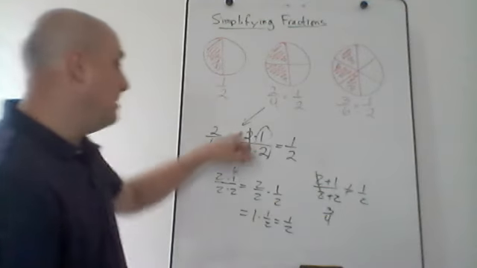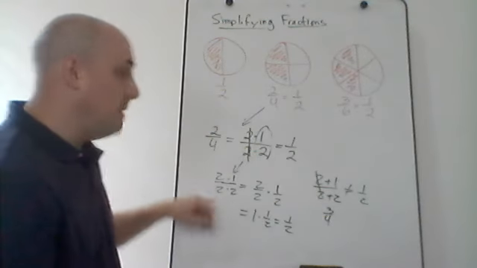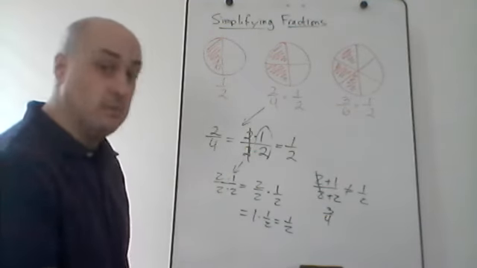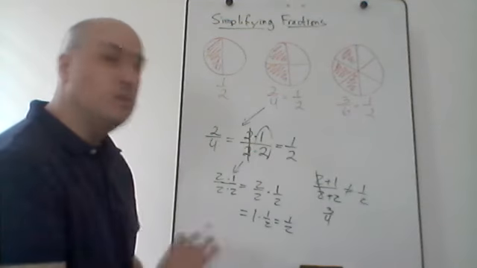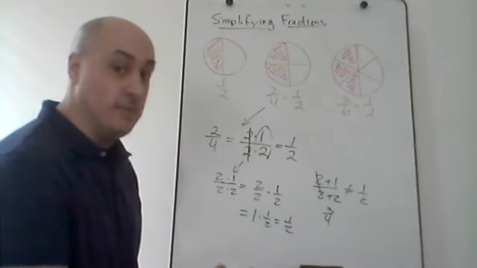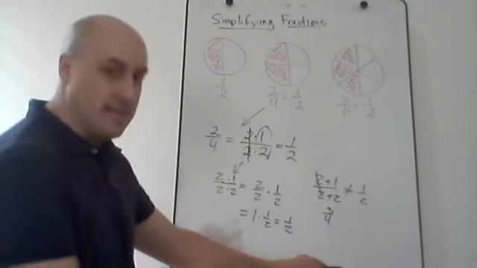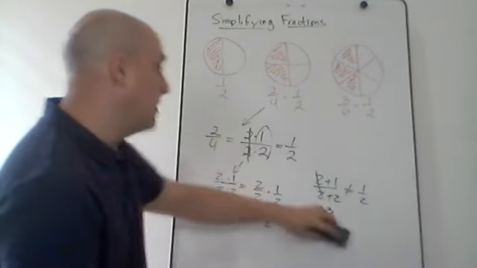Canceling only works if the numerator and denominator involve multiplication. If it involves addition or subtraction, you cannot cancel out. It's a real common mistake I see people make, so I just want to point that out. That's not allowed. Only when there's multiplication.